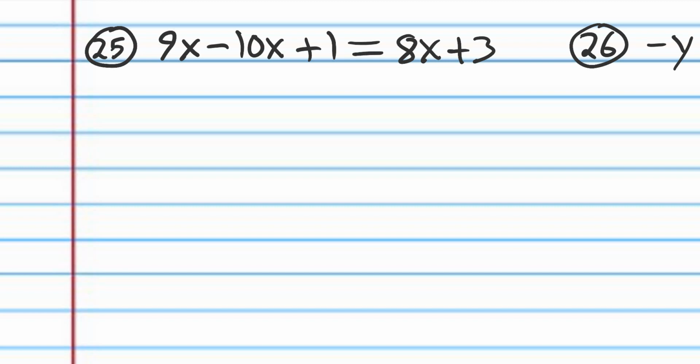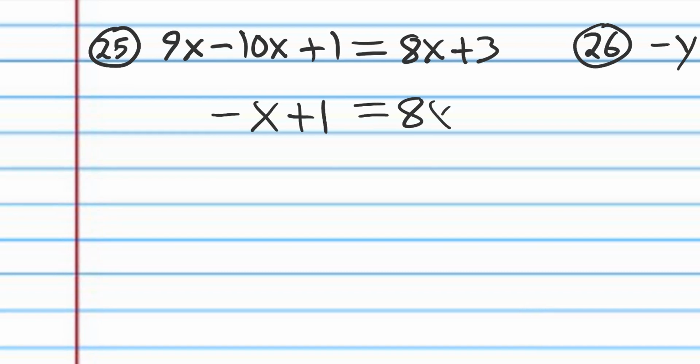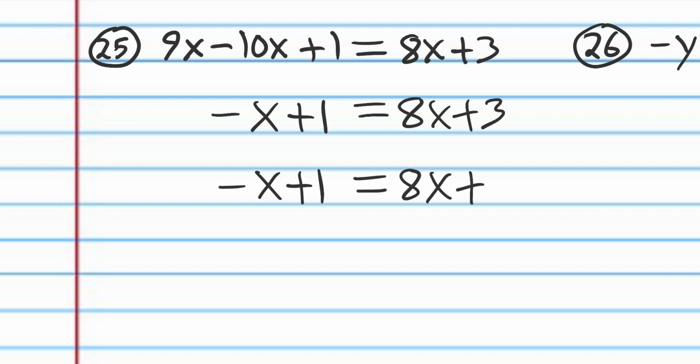All right, we're back. 9x minus 10x is -x. That's the first step, is to simplify the left side of the equation. Now everything is simplified on both sides of the equation. So we can go ahead and add x to both sides. 8x plus 1x is 9x.